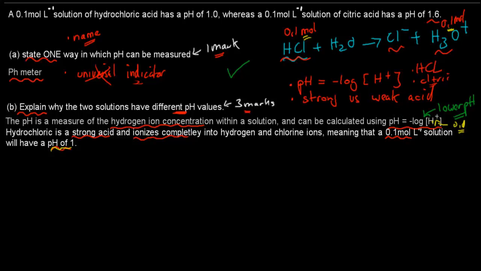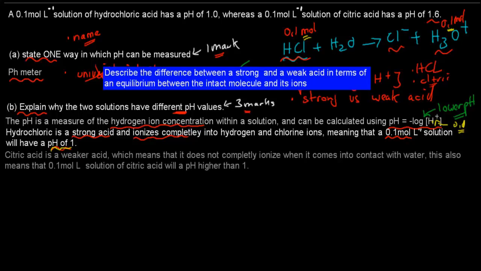And now I'm quickly going to go into your citric acid. Citric acid is a weaker acid, which means that it does not completely ionize. Not completely ionizing is an important part when it comes into contact with water. This also means that a 0.1 molar solution of citric acid will produce a pH of higher than 1.